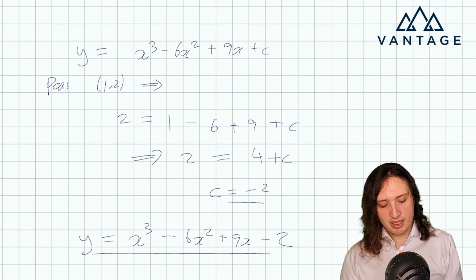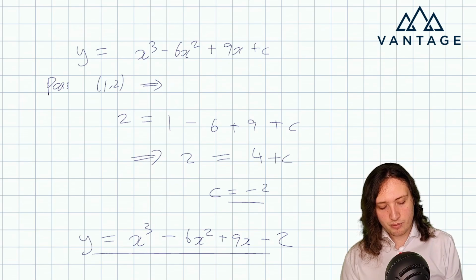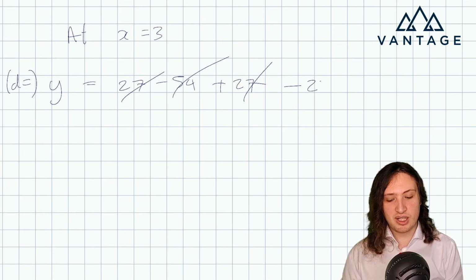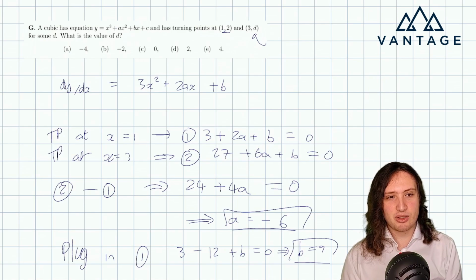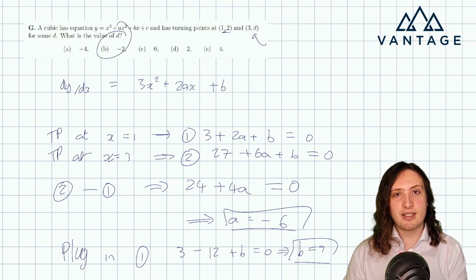And then plus 9 times 3, which is 27 again, minus 2. So I guess all of this stuff cancels because 2 lots of 27 makes a 54. And so I think we get that d is equal to minus 2. Now, is that one of the options? Yes. So we see the correct answer is B.